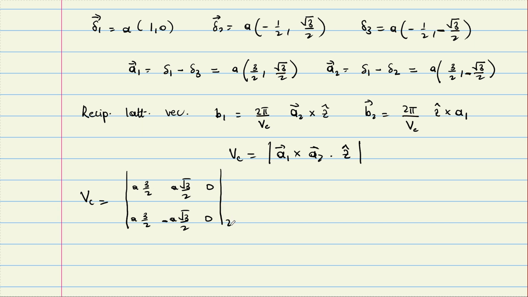I'm going to get the Z component, absolute value, and this is going to be a square root 3 over 4, minus 3 root 3 over 4.